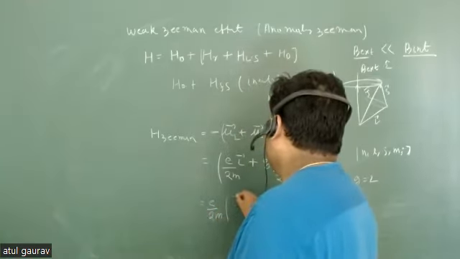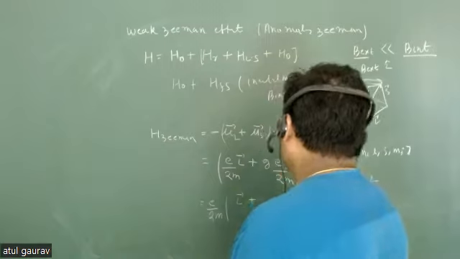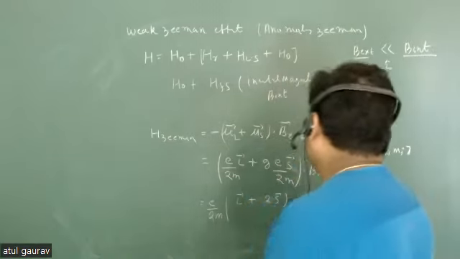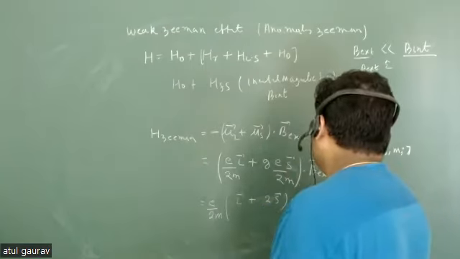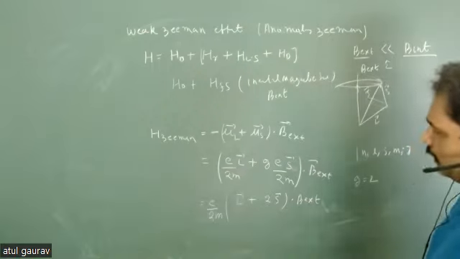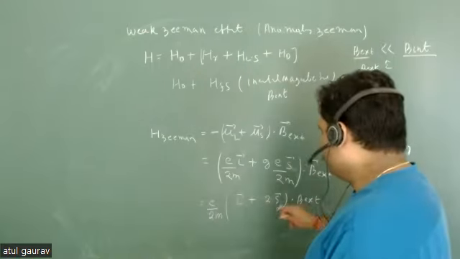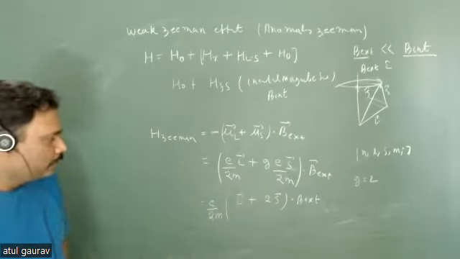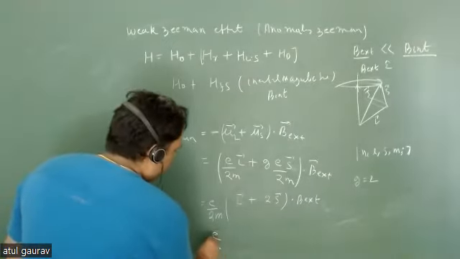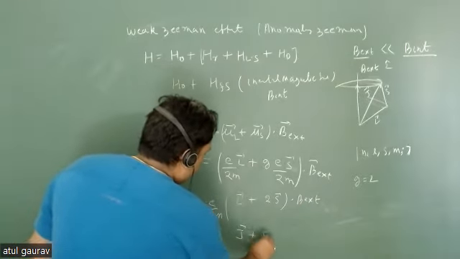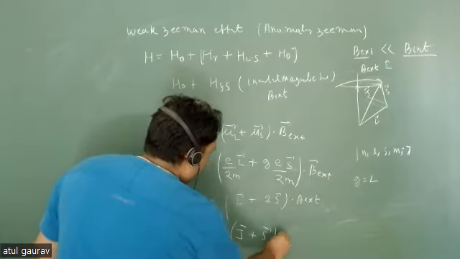The thing will be (L plus 2S) into B external. Now I can write this 2S as S plus S, then this whole thing can be written as e upon 2m (J plus S). Are you getting my point?